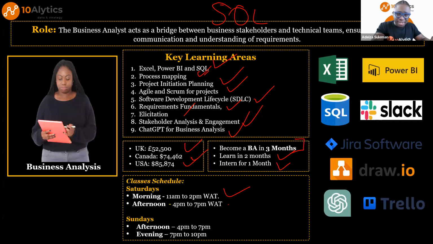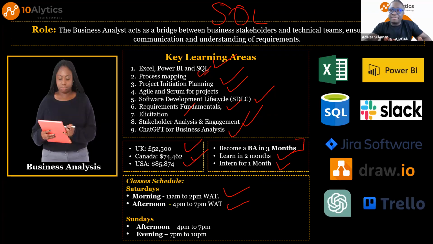Okay, so we have another class for participants that fall within that category, where your class starts at 4 p.m. West Africa time, which is around 11 a.m. your time as well, Eastern time. Toronto, Canada time is 11 a.m., which is an appropriate time for you to get into class in the morning. All right. So this is the way we've structured the class. You can decide to be in any of the classes depending on your own schedule.